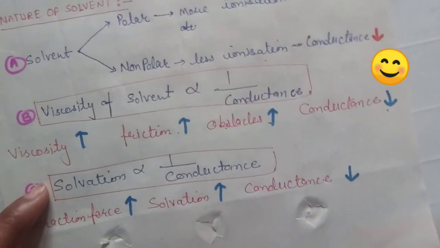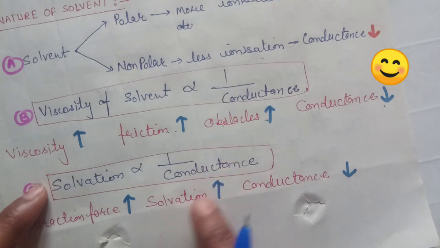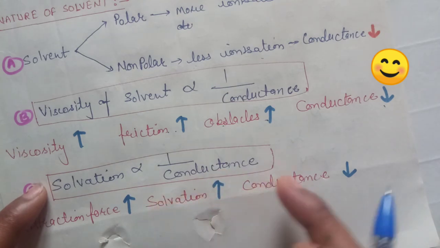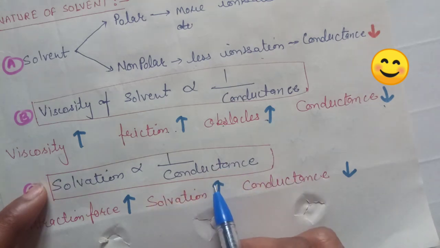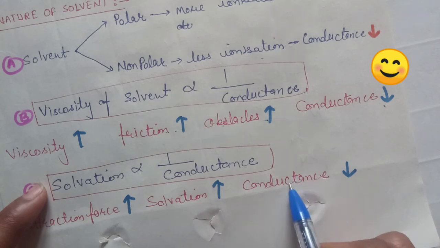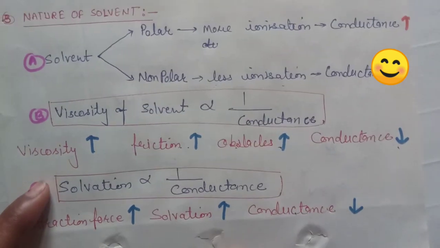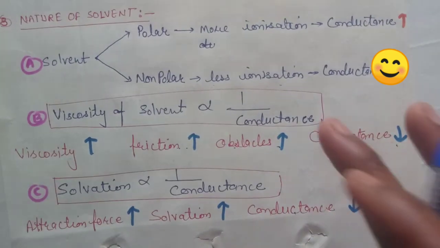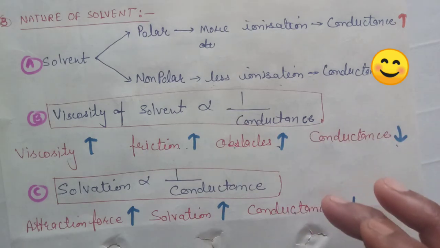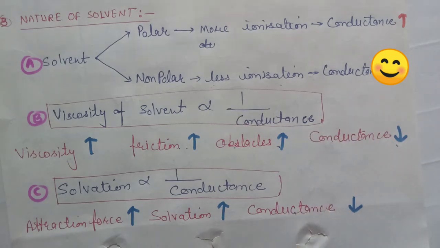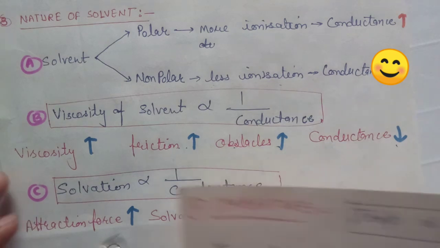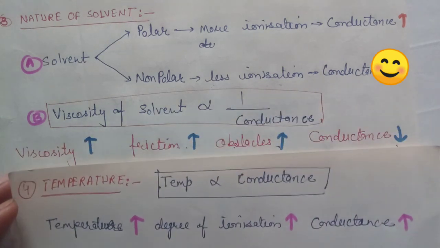More solvation, then the mobility of the ions is decreased, and if the mobility of ions is decreased, then conductance also decreases. Clear? These three factors of solvent affect the conductance of the electrolyte. Next factor is temperature.